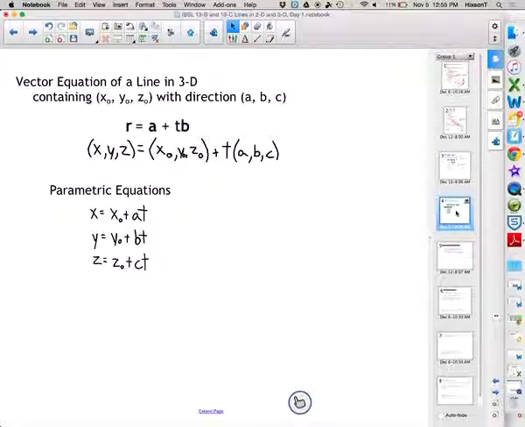So same principles apply, we just have 3 of them now.